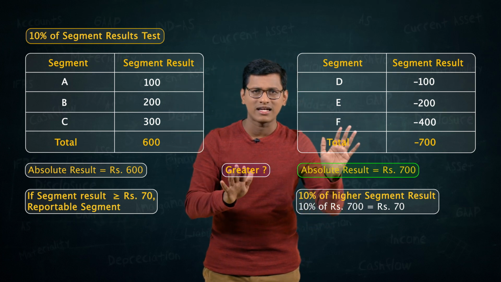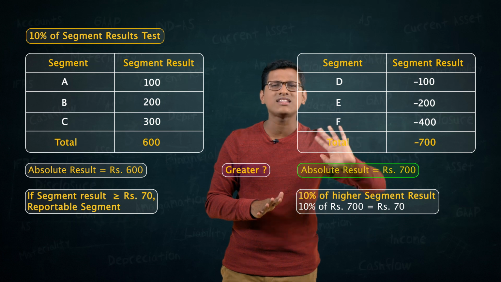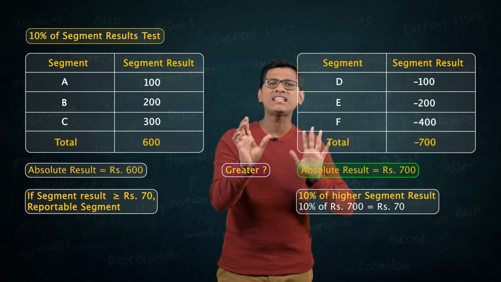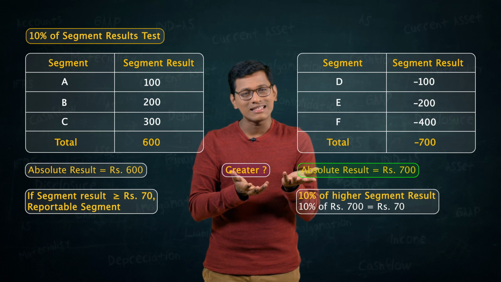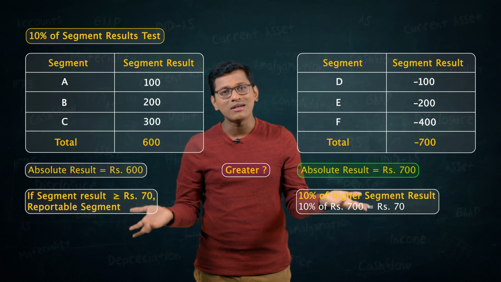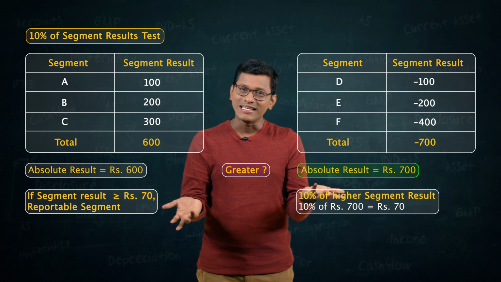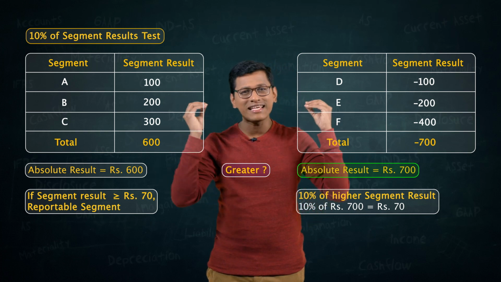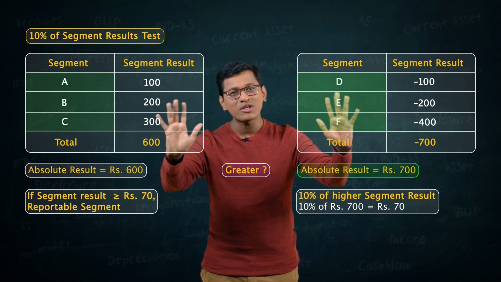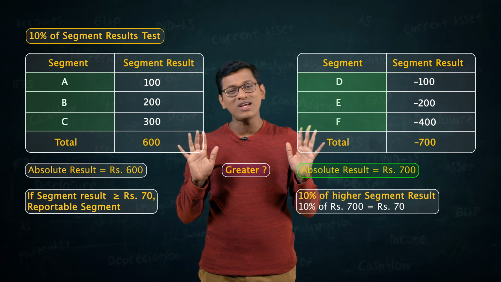No, don't compare like that. Even if you say it is minus 100, just compare like this. This is 70, that is 100. That is how you are going to compare. Okay. So, in that sense, every segment result you have here is greater than or equal to 70. So, all the 6 segments become reportable segments under this particular example.